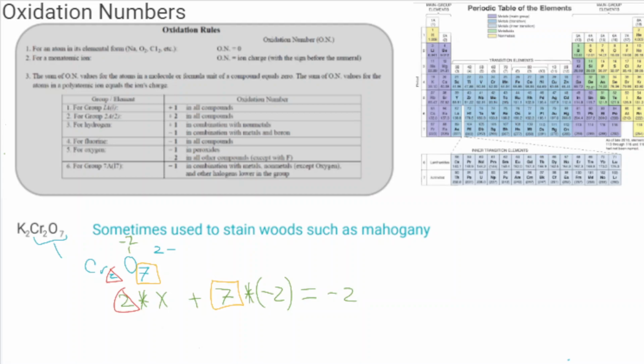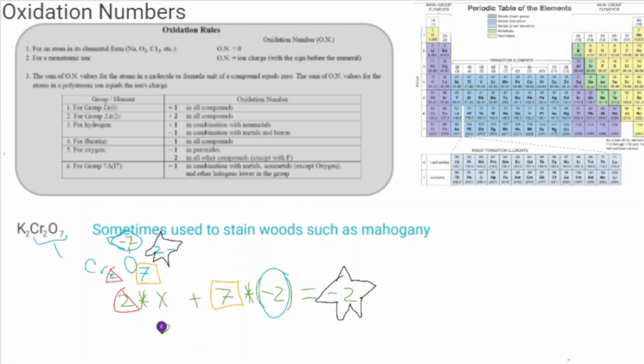We have the oxidation number of oxygen to be -2. And then finally we have our charge with this little shape. Alright, so that's where everything's coming from. And again, all we need to do is solve the algebraic equation.